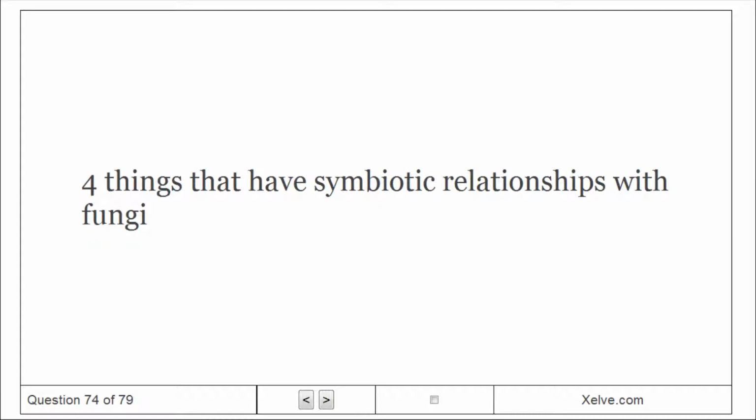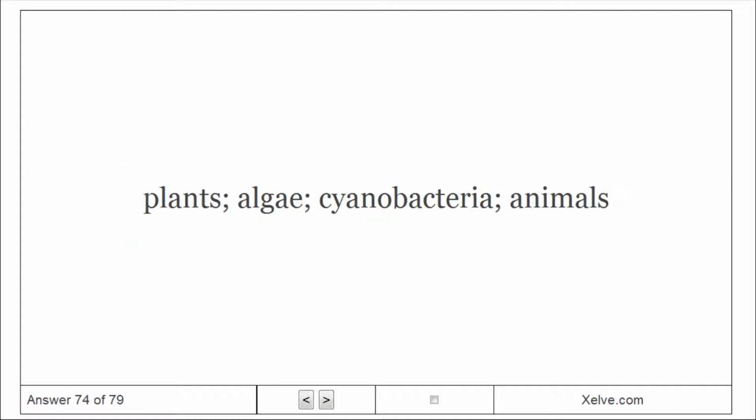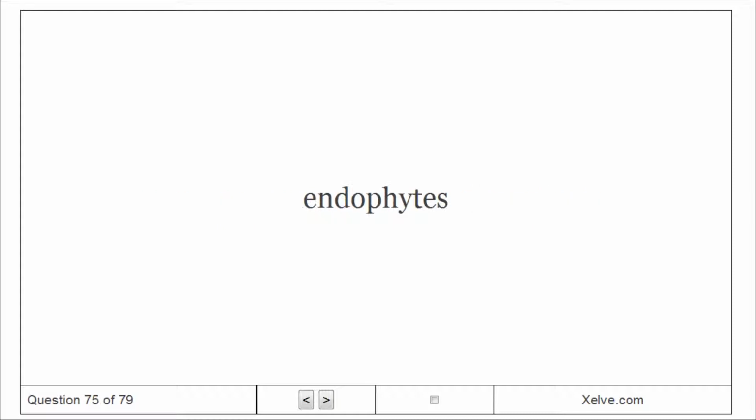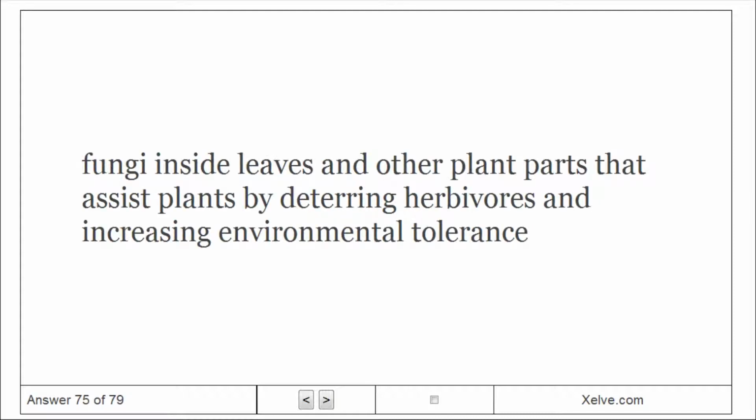Four things that have symbiotic relationships with fungi: plants, algae, cyanobacteria, animals. Endophytes: fungi inside leaves and other plant parts that assist plants by deterring herbivores and increasing environmental tolerance.